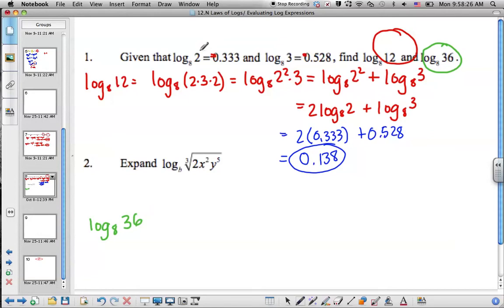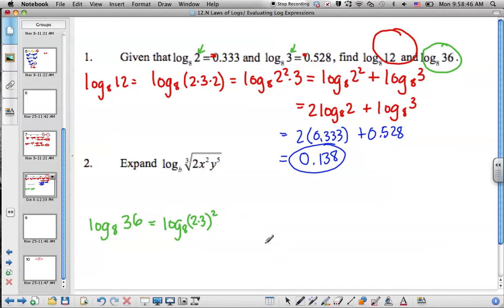Now again, thinking in terms of 2 and 3. Well, I can multiply 2 times 3 and get 6. And I know 6 squared will give us 36. Now there's other ways you could do this too.